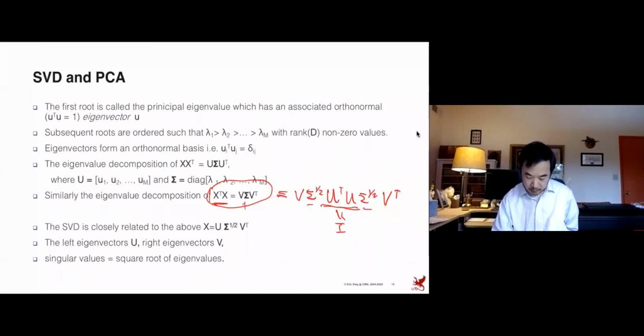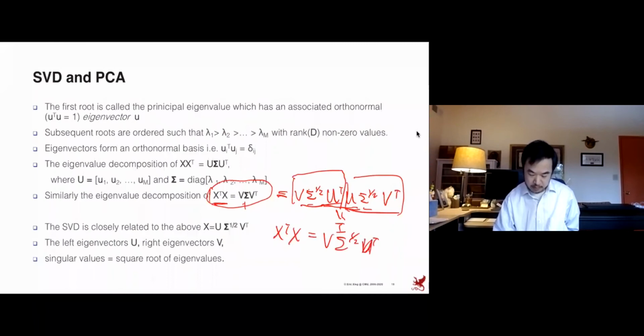And then if I look at this part and this part, you probably can see that X transpose times X equals V, right?